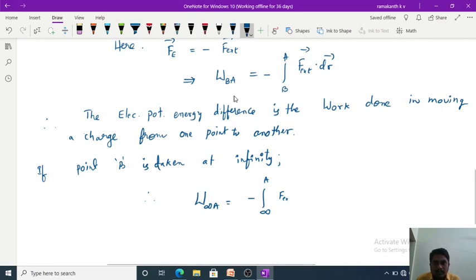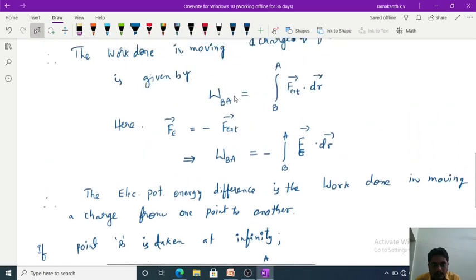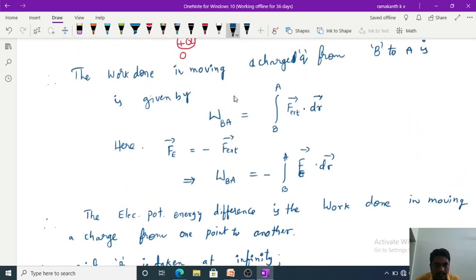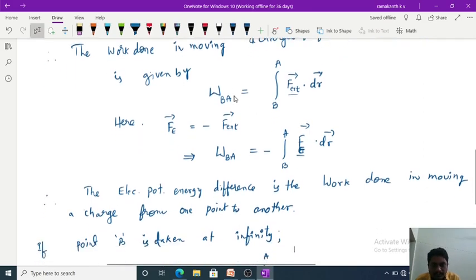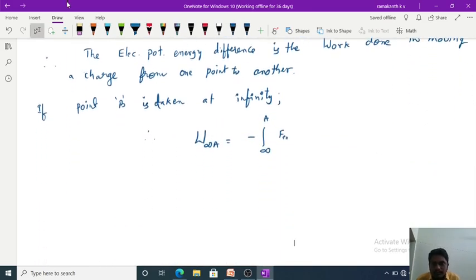I wrote the wrong expression here; I did not replace it with Fe. When you replace F external with Fe, you get minus the integral of Fe dot dr. This is in terms of electric force, while the previous one was in terms of external force.